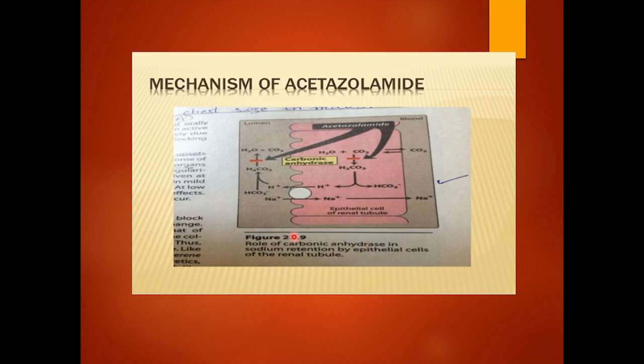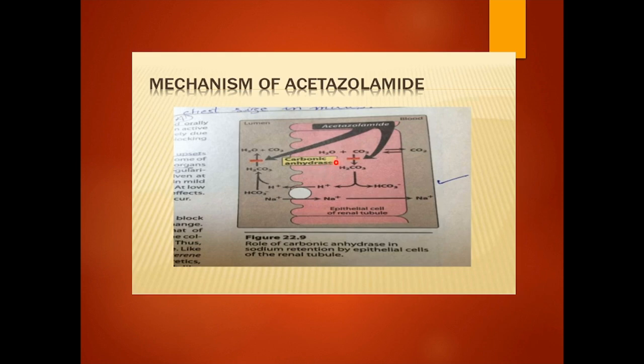So this is the mechanism of action of carbonic anhydrase inhibitors. Carbonic anhydrase is an enzyme found in various segments of the nephron, especially in the cells of the proximal convoluted tubule.